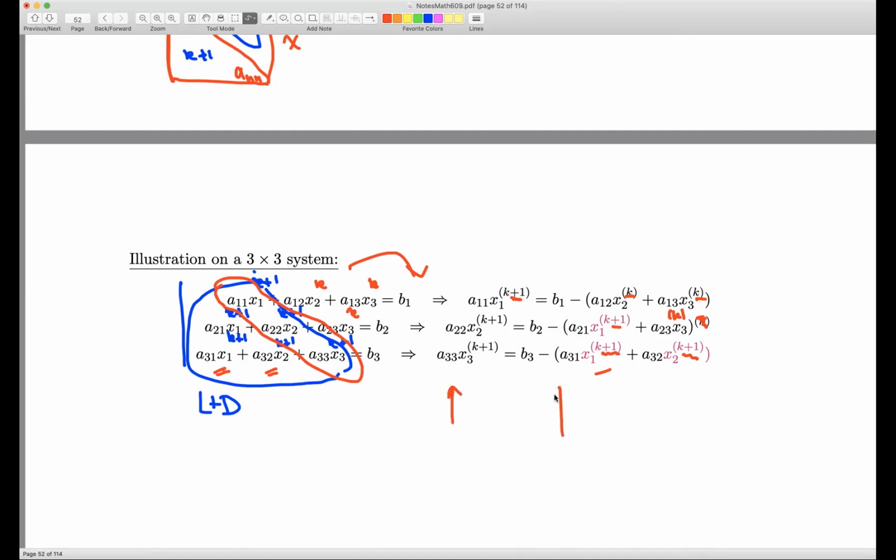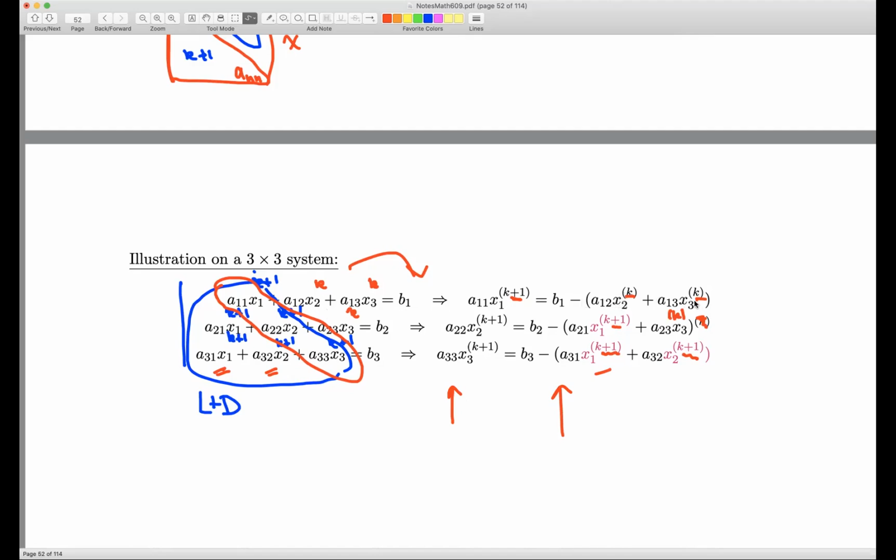And on the right side, what we have with this is the vector B, which is the right-hand side of the system, minus the elements, the x's that are associated with a's that are strictly above the main diagonal. They have indices K, as you can see here.